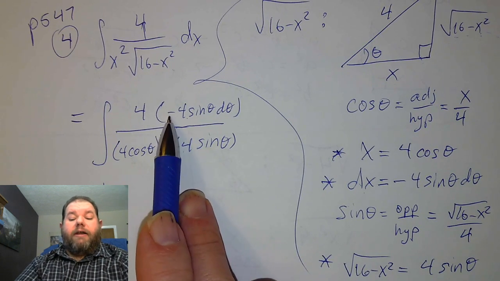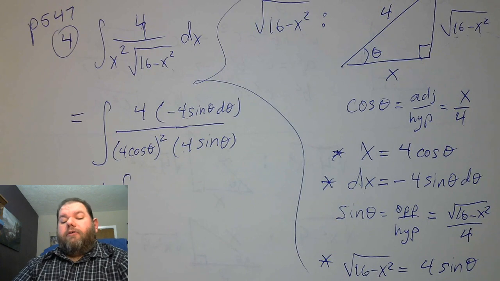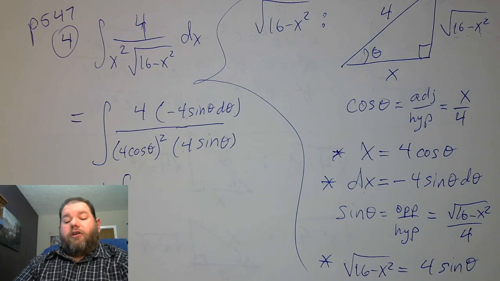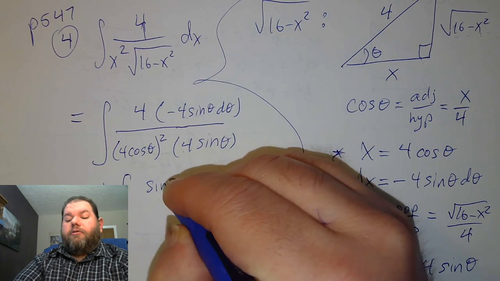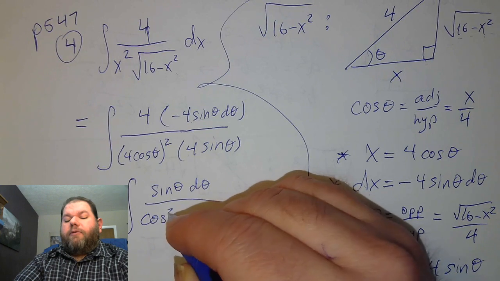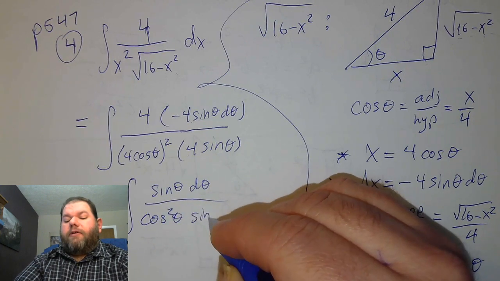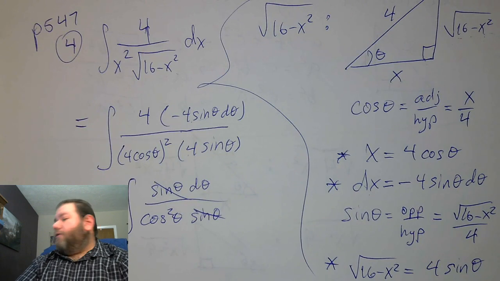And we also have a negative sign I'm going to factor out as well. So essentially we took all the constants and brought them outside of the integral and just simplified them as best we can in that step. Now we have a sine theta on the numerator, and on the bottom we have cosine squared theta over sine theta, and we can see the sine thetas will cancel out.